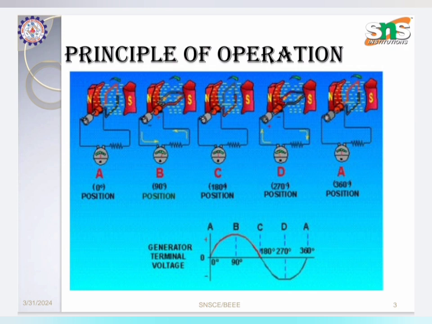In the first picture, the conductors are parallel to the lines of flux. So no flux lines cut the conductor, and hence the EMF induced is 0 at 0 degree. In the next diagram we can see that the conductors have moved 90 degrees in the clockwise direction, and hence there is maximum cutting of the field by the conductor, and hence maximum EMF is induced at 90 degrees.